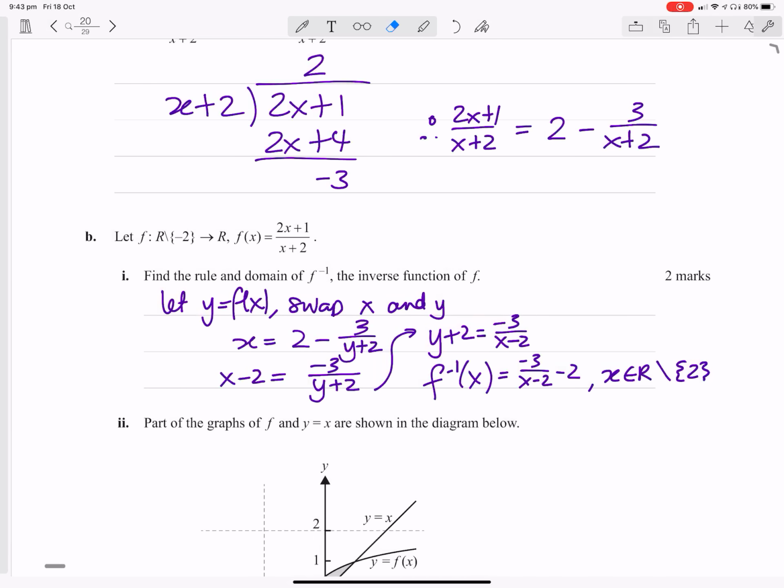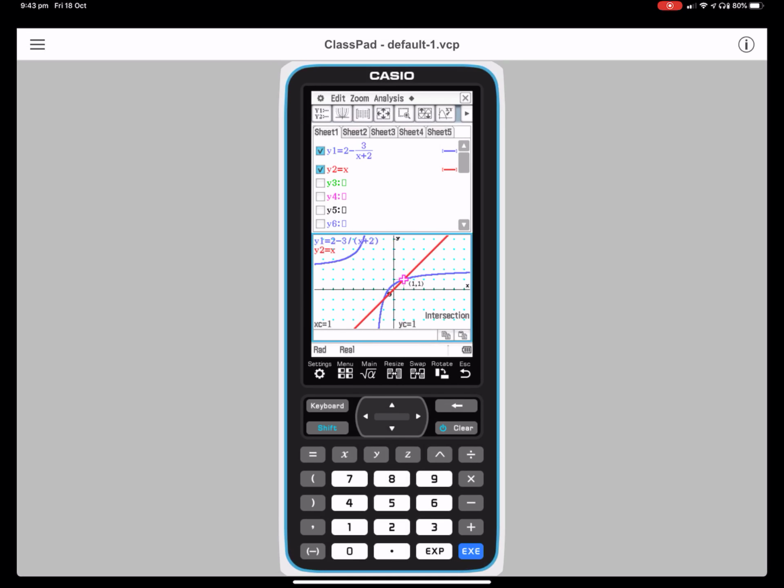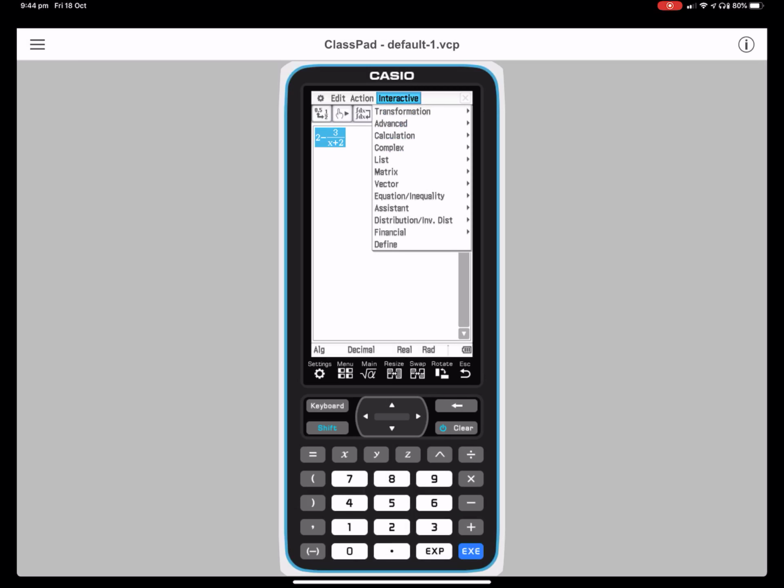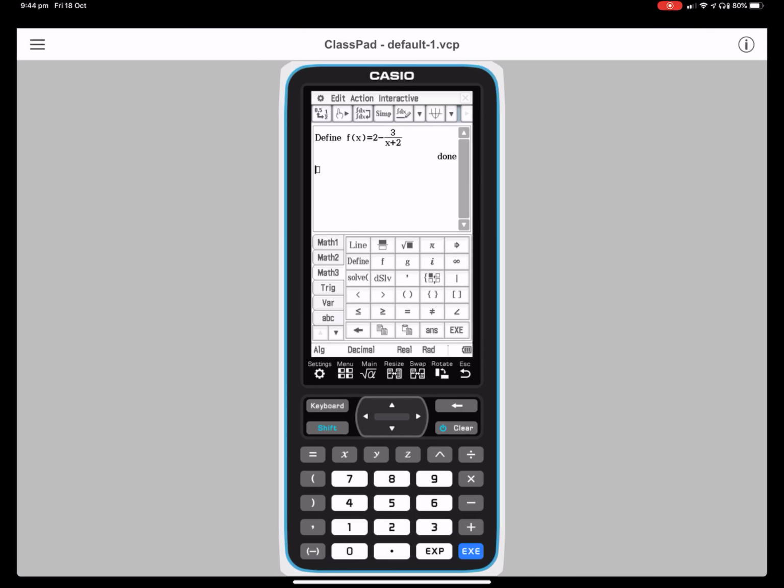Okay, so let's go back out. I'm going to define that, copy, paste, define it as f of x, and then we've got to integrate from -1 to 1 f of x minus the graph of x dx.